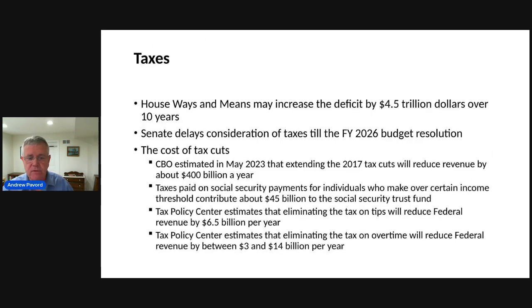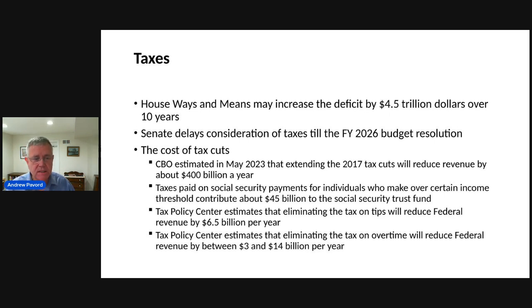So now let's go through the specifics of the instructions to each committee. Let's look at taxes. The House Ways and Means, according to these instructions, may increase the deficit by $4.5 trillion over 10 years. That's big, big money. And you can see that the Senate, as we said, is pushing this off. But let's look at some of the cost of the tax cuts.